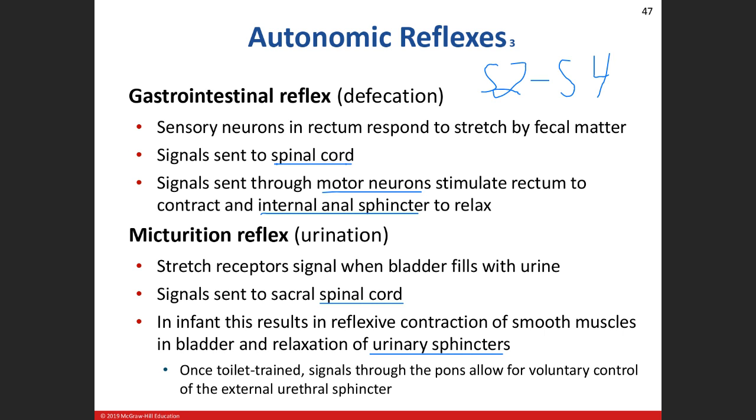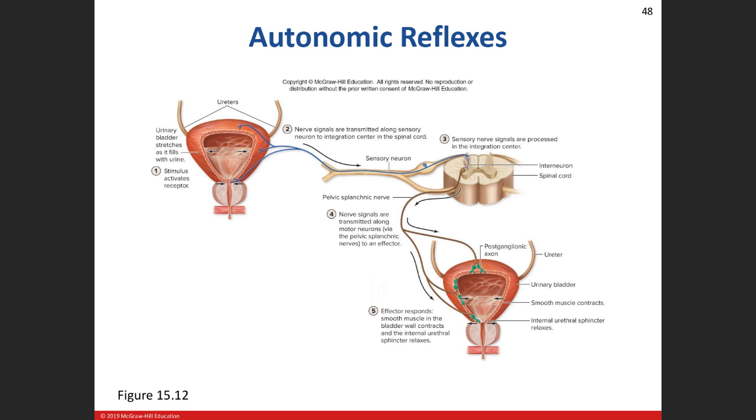I'll even show you a picture here of the urination autonomic reflex. You're going to see the same one in your book. So here's our bladder. It's starting to fill up with urine, which is putting stretch on the urinary bladder walls. That sensory information gets sent up to the spinal cord, in the sacral portion of your spinal cord.